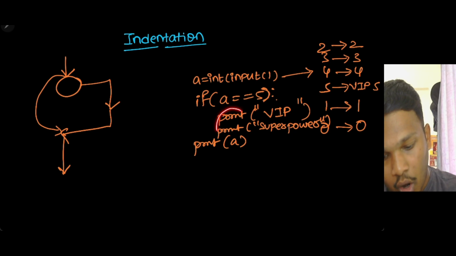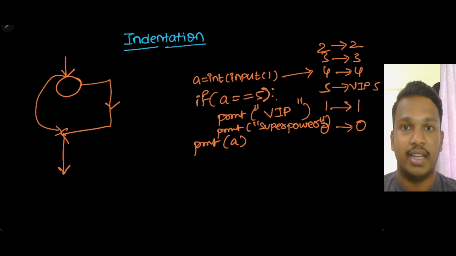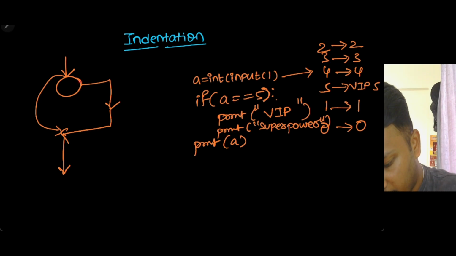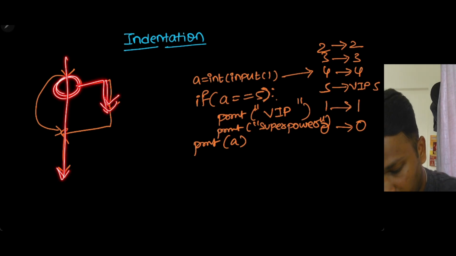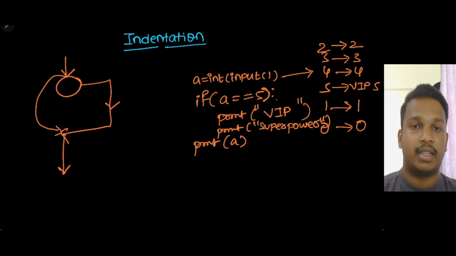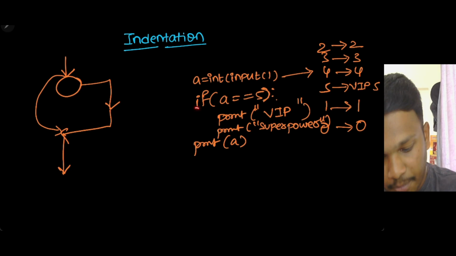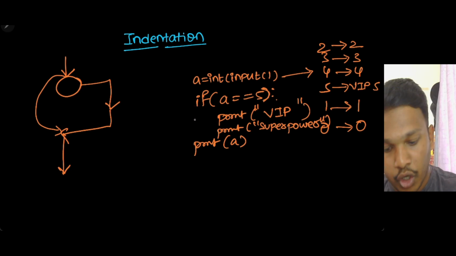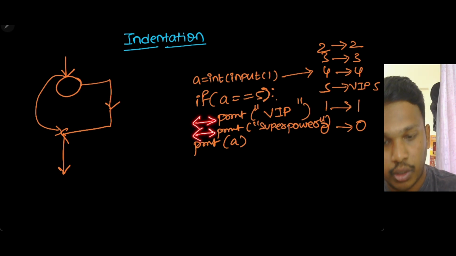This block of code belongs to this if because they are maintaining some distance from the existing flow. We do not need to use brackets, just give some space.